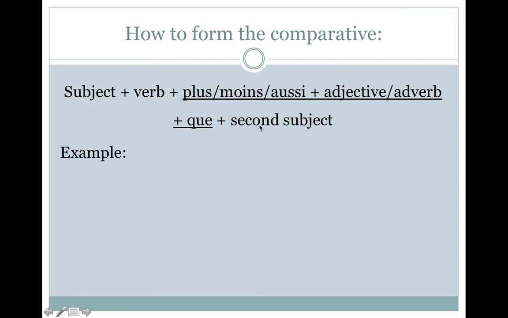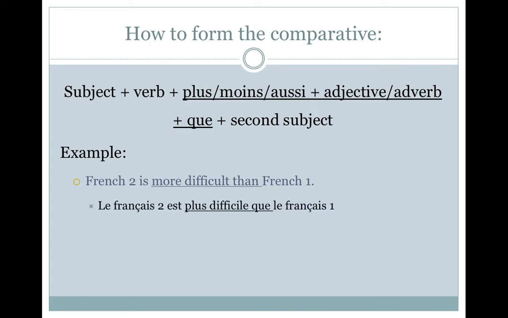So let's look at an example. Translating our example from the previous slide, saying French 2 is more difficult than French 1. The way that's going to be translated into French is le français 2 est plus difficile que le français 1. So we're going to check and make sure that we have each component of the comparative in here. We have our first subject, which is le français 2. We have our verb, which is est, meaning is.